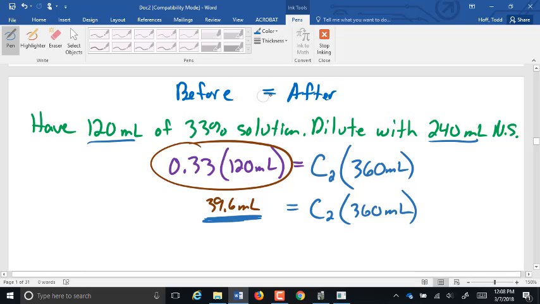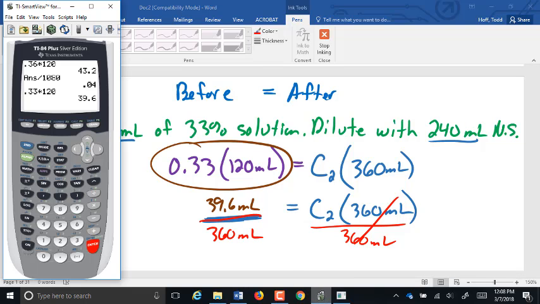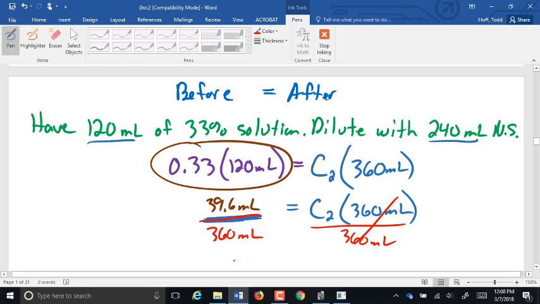So to solve that, I would just divide by the 360 milliliters, and that should give us 0.11. It does. So 0.11 is our new concentration, so 11%.